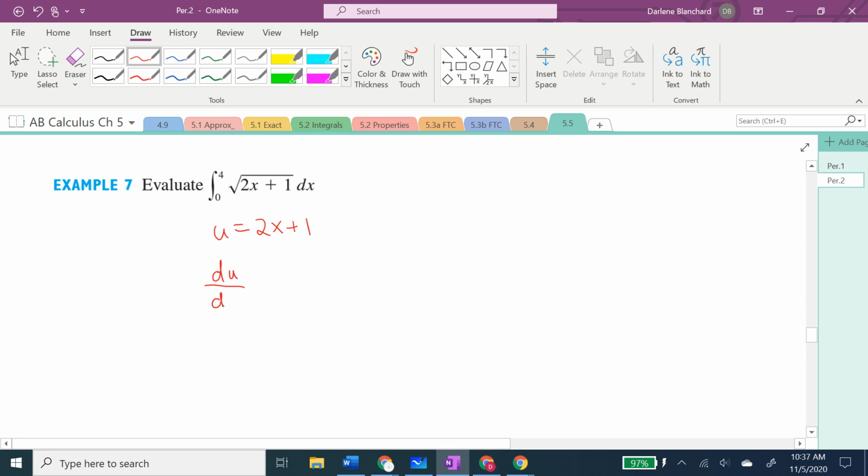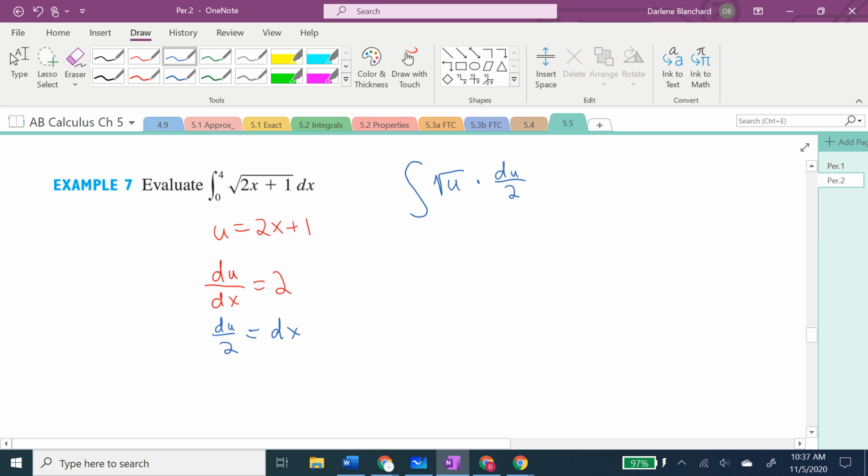The derivative of u with respect to x is 2. I multiply dx to the right, and I divide 2 over to the left. Then this becomes the square root of u times du divided by 2.